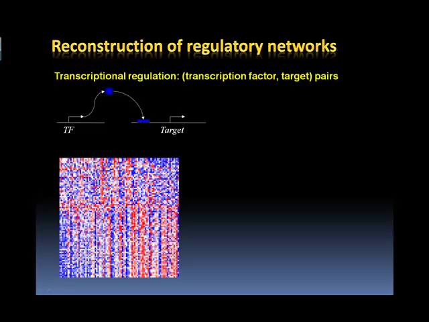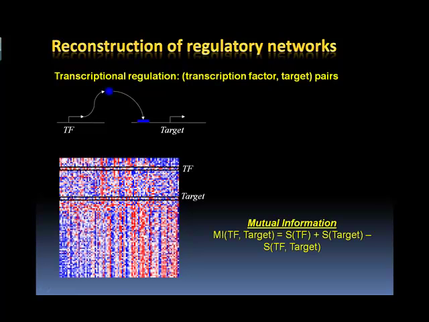ARACNe takes a large amount of gene expression data, at least more than 100 microarrays, as input, and calculates the mutual information of each gene against all other genes to identify the pairs of genes that have statistically significant correlations. Those pairs of correlated genes have a very high probability to be the transcription factors and their correlated targets.